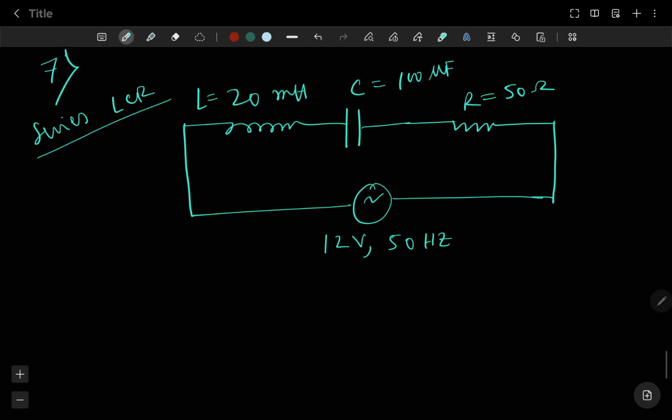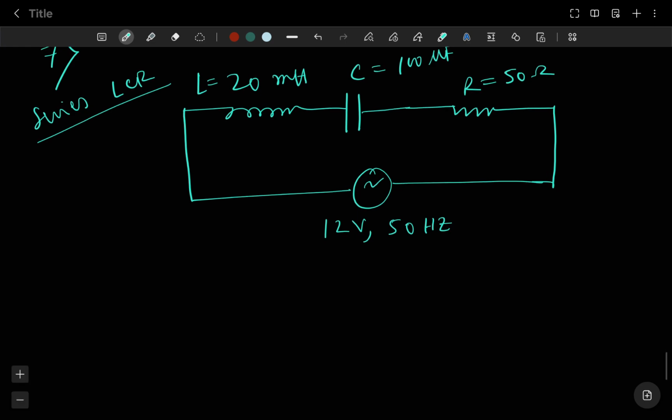So how to do this? See, first we have to calculate the energy dissipated. So first we have to know the average power.